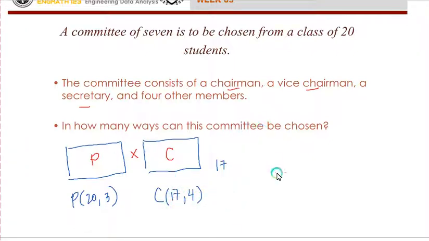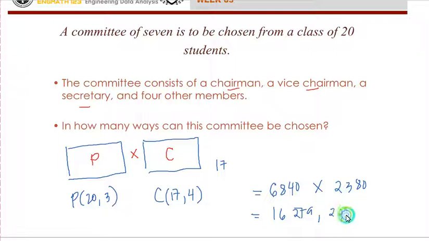So our answer is: permutation of 20 taken 3 at a time is 6,840, multiplied by combination of 17 and 4, which is 2,380. This is equal to 16,279,200.